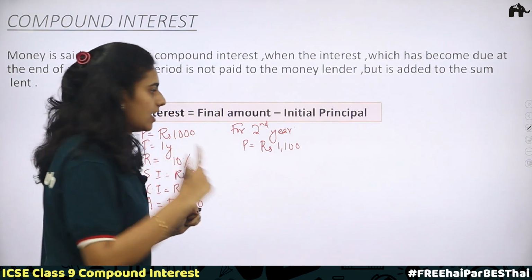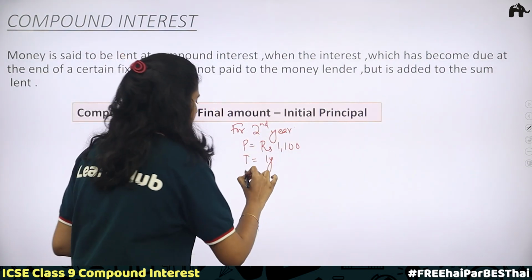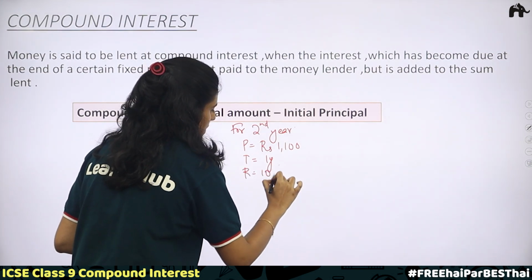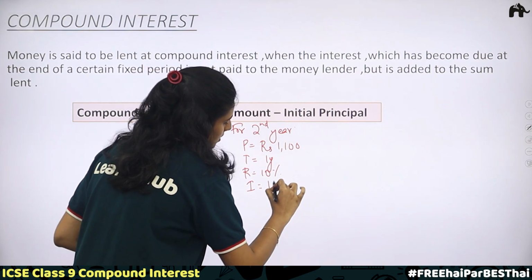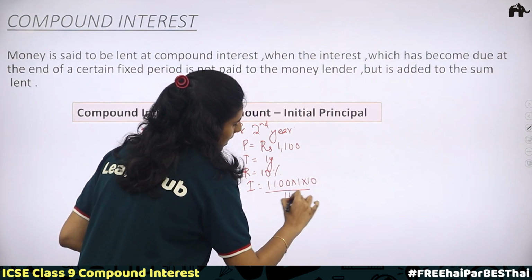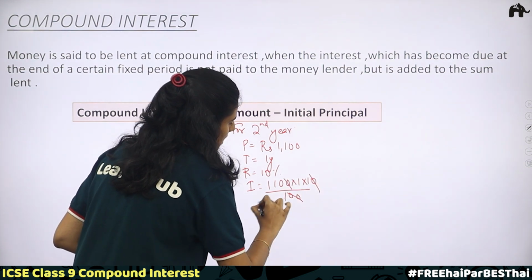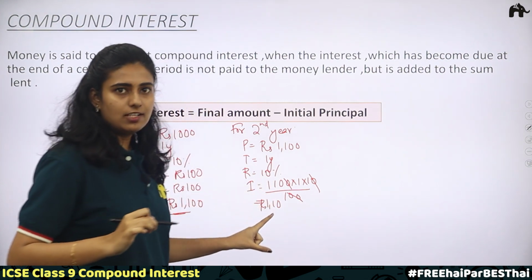Time will be 1 year, and the rate of interest will be the same, 10%. Then what is the interest? Interest will be equal to PTR by 100, 1100 into 1 into 10 divided by 100. Cancelling zeros, you will get 110. So rupees 110 is your interest.